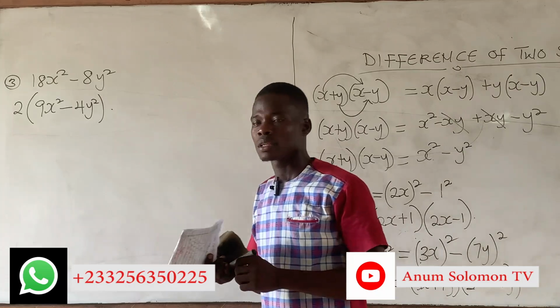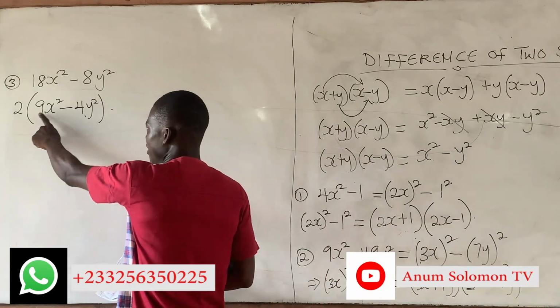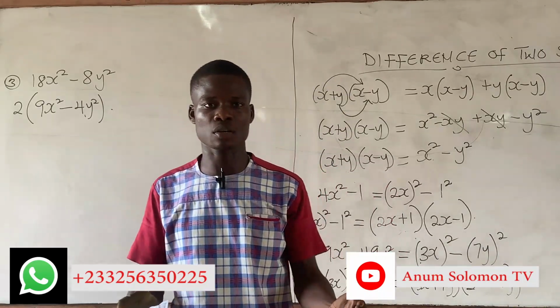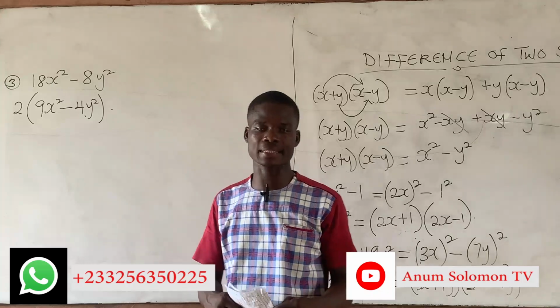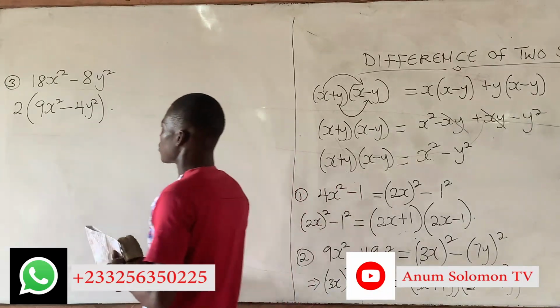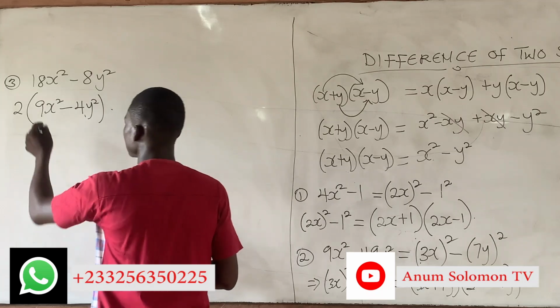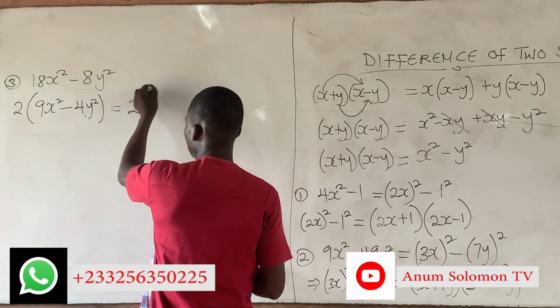So now, let's check the new coefficients in the brackets. That's the 9 and 4. You see, both of them are perfect numbers. Since they are perfect numbers, we can move on to solve this problem. So this one can be rewritten with the 2 out.